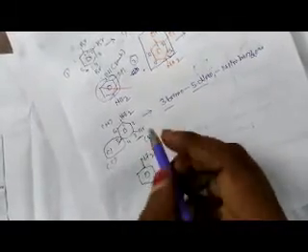Okay. Another example is here. NH2 group, here it is substituted with the bromine group. Here also it is substituted with the bromine group. Here it's also substituted with the bromine group. So we have to give numbers.